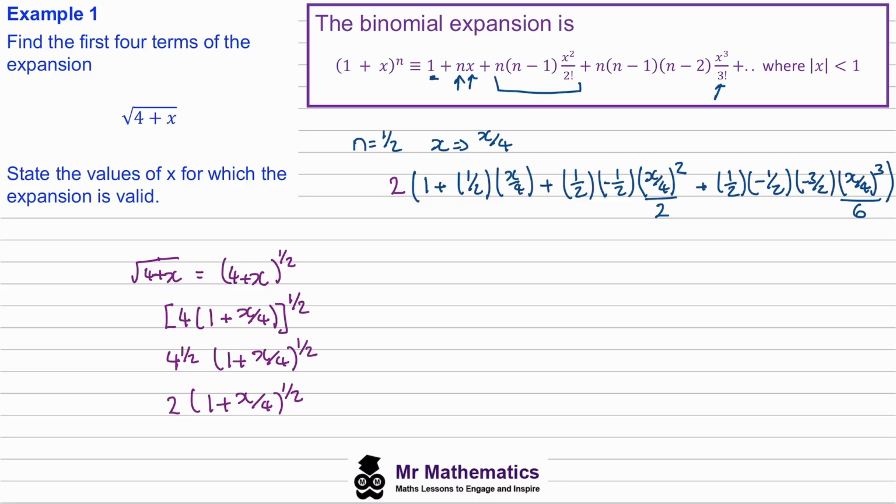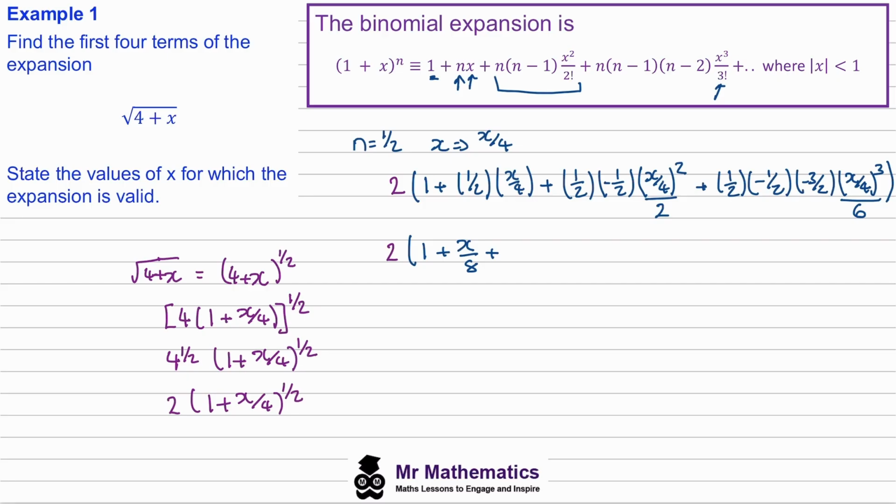So now we need to tidy up each of these terms. So we'll have 2 multiplied by the 1. We'll multiply these two fractions together, and we'll get x over 8. And then we've got 1/2 times another half times 1 over 16. This is 1 over 4 squared, all divided by 2. And when we work this out, we know it's going to be a negative because of this negative half here.